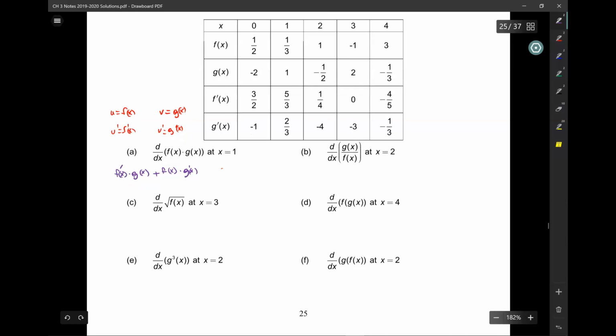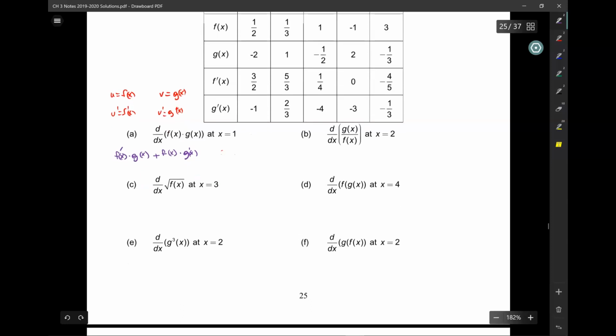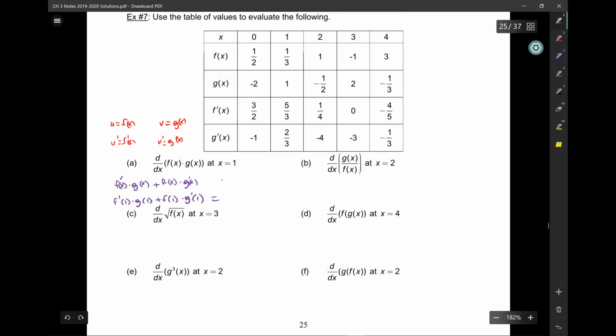But we have to do it at x equals 1. So it's f prime of 1 times g of 1 plus f of 1 times g prime of 1. And then you just have to go and find them in the chart. This is given this chart. It's not always going to be that.